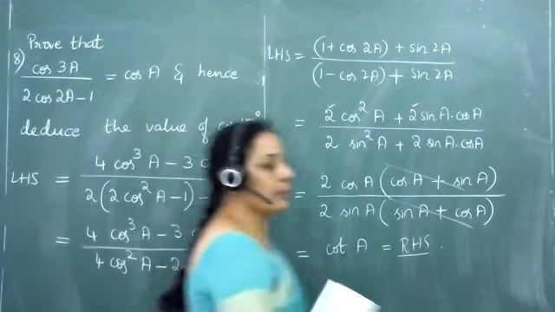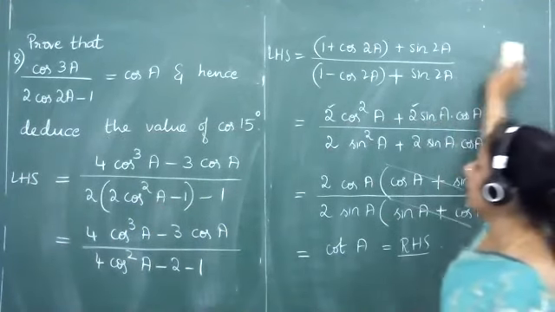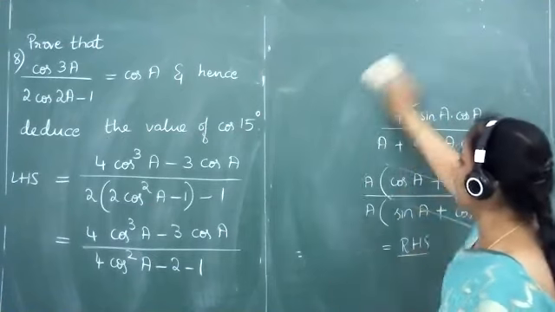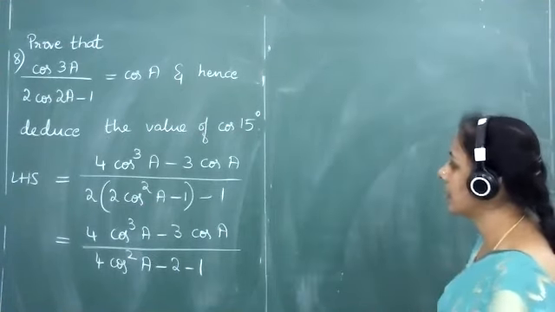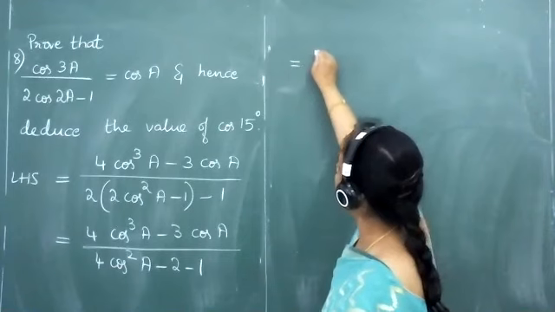Now in the numerator, we observe that cos A has come as a common factor. So we shall remove cos A as common from the numerator only.